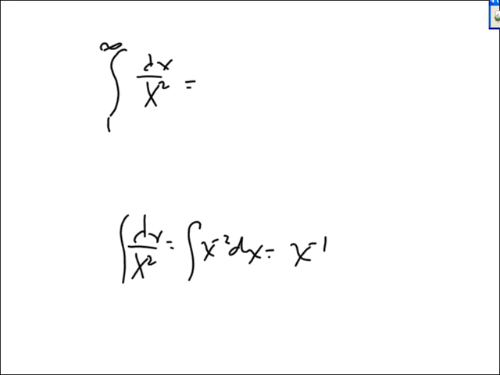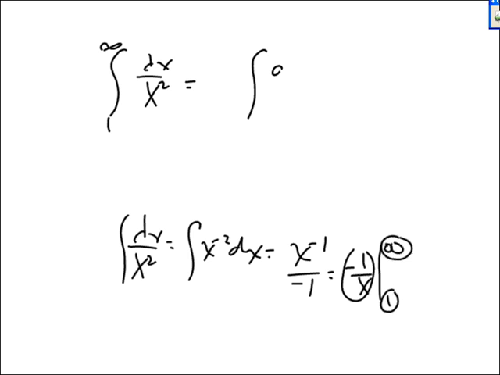You add 1 to the power, you divide by that number, you get negative 1 over x from 1 to infinity. Well, I clearly know how to plug 1 in here, but how do you plug infinity in there? Well, you can't. So what you do is you integrate dx over x squared from 1 to, say, k. But then you say, you know what? I'm going to let k approach infinity.